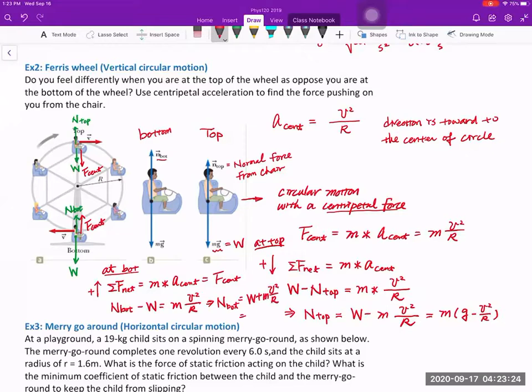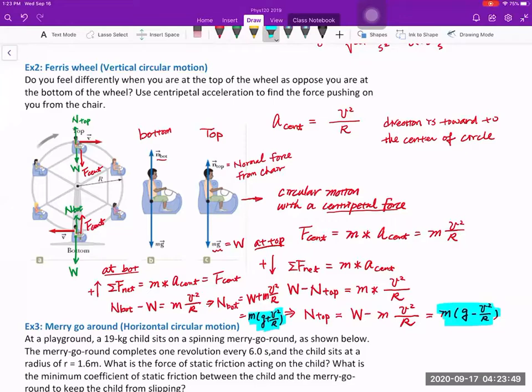And again, W is m times g. You can factor out the m. There will be g plus v squared over R. Now you compare these two values, this value and this value. Which one is larger? One is plus, one is minus.